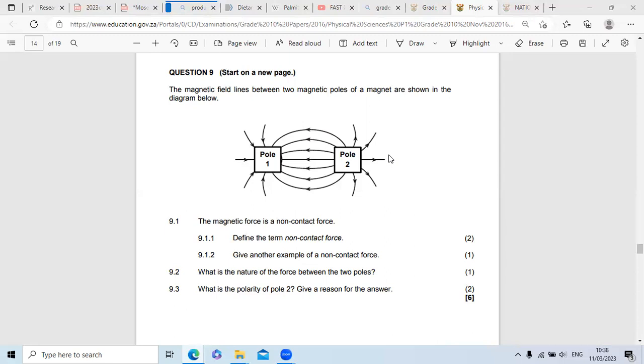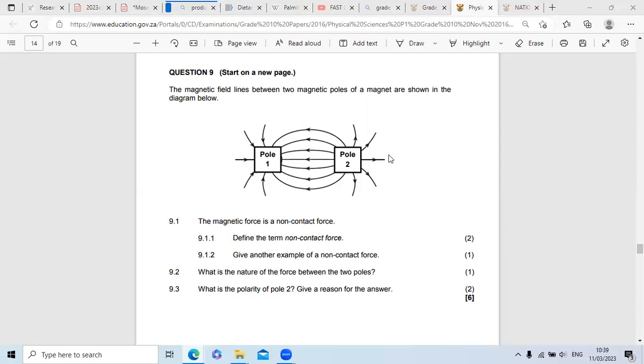Let's just consider the force of gravity. You don't have to be on Earth to experience the force of gravity of the Earth. Do you get the picture? Yes. You don't have to be in contact with the Earth in order to experience the gravitational pull of the Earth. So you can just say the Earth's gravitational pull. That's also a non-contact force. Actually, I think in most cases, because you can't see the gravity.